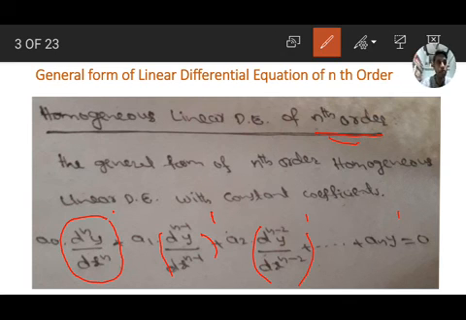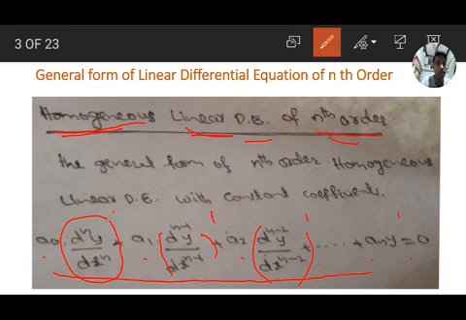Since all the derivatives and y have power 1, it is linear, and equal to 0, so it is homogeneous, and the coefficients are constants. Therefore this is the general form of an nth order homogeneous linear differential equation with constant coefficients.